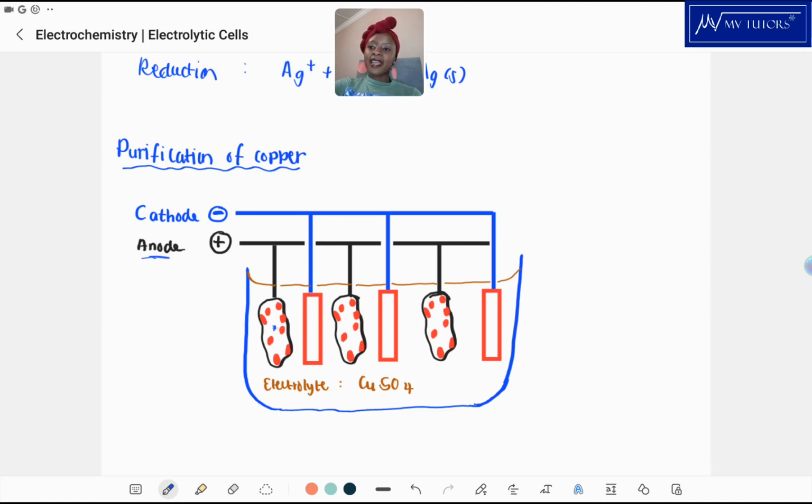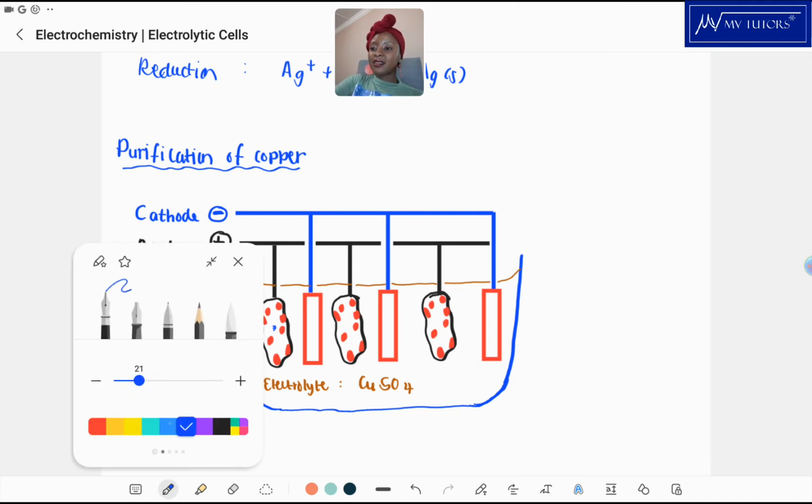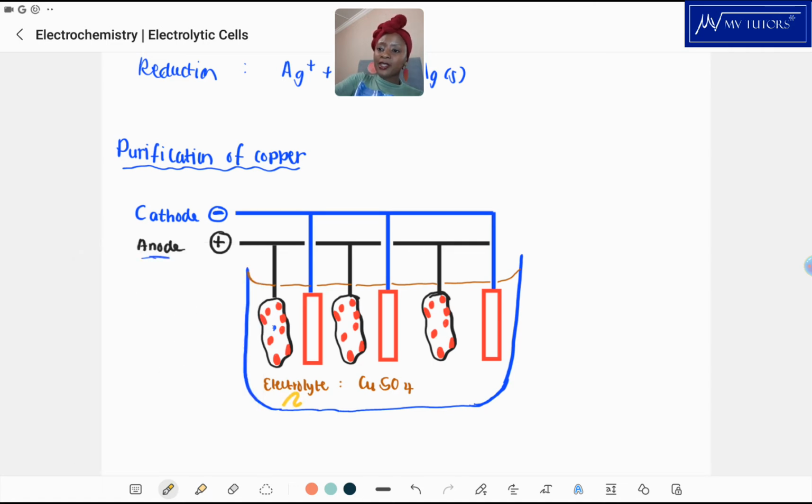So as this whole electrolysis process is going on, the impurities, which are the other metals, let me put them in this color, orange, make it a bit thicker. They come here to the floor, because they are not going to be oxidized or reduced. And how do I know that they won't be oxidized or reduced?